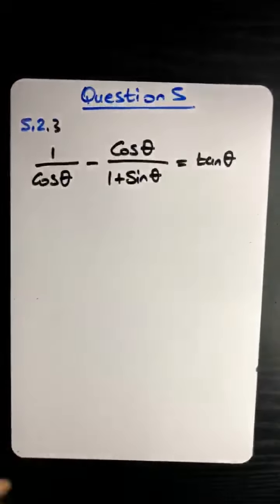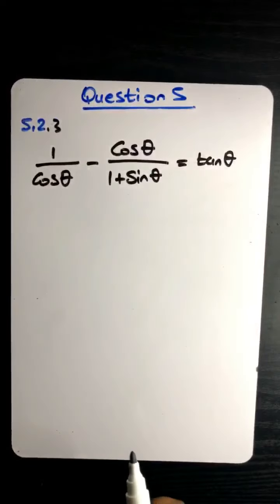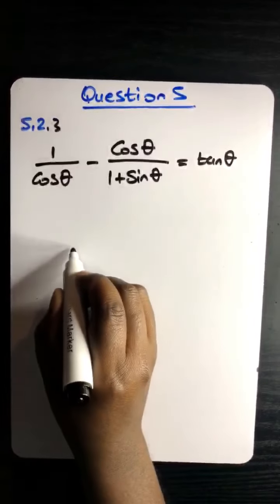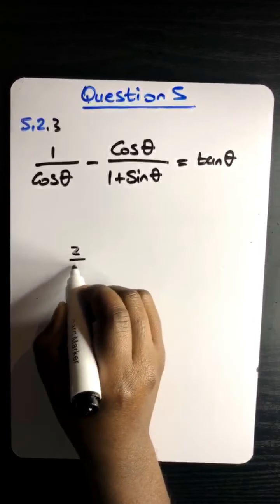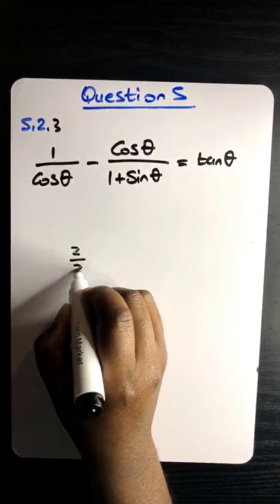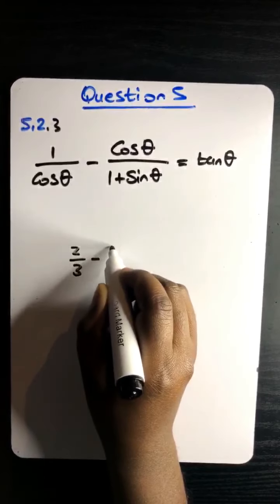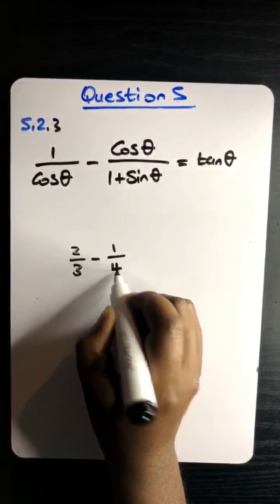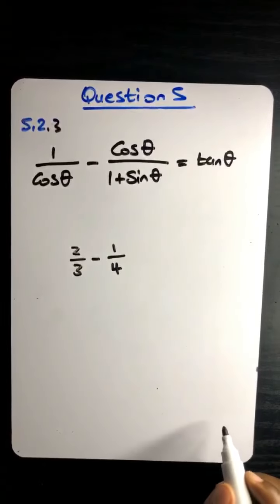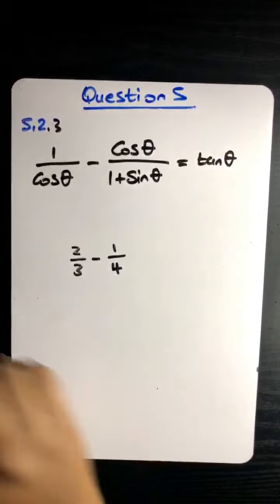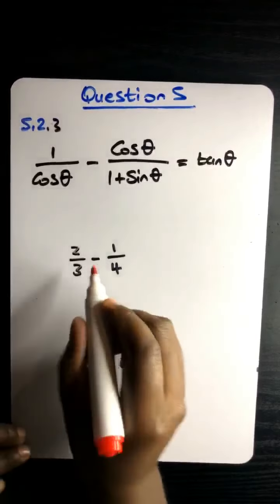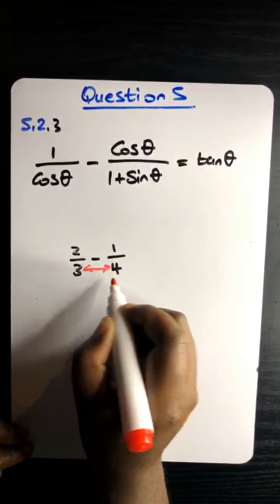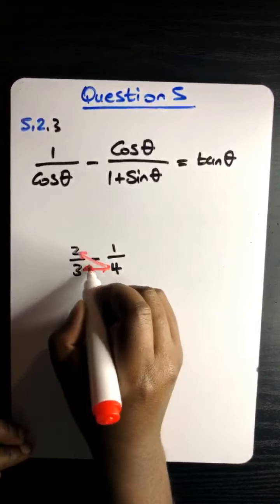Tumza, if you remember, I said I'm going to teach you how to quickly work out a fraction. If you have 2 over 3 minus 1 over 4, this is how I used to do it. I multiply these two, and then from there I just cross multiply.